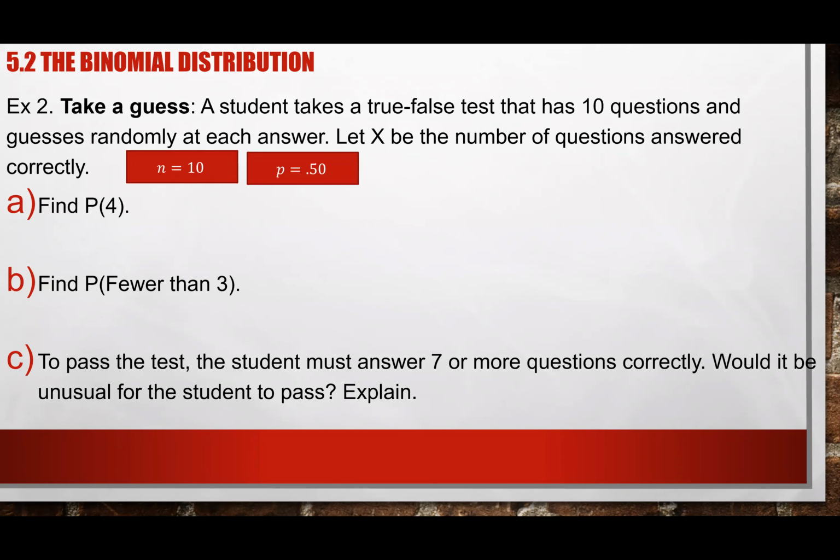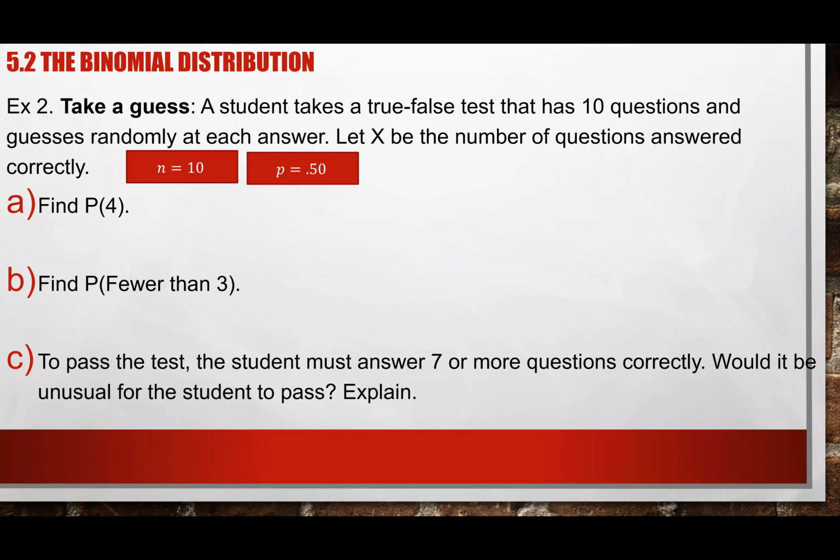Why 50%? Because in a true and false question you have only 2 choices, either true or false. Each time you guess, you have a 50% chance of getting it right, and a 50% chance of getting it wrong. So the probability of success, of guessing the question correctly, is 50%, which is 0.5.